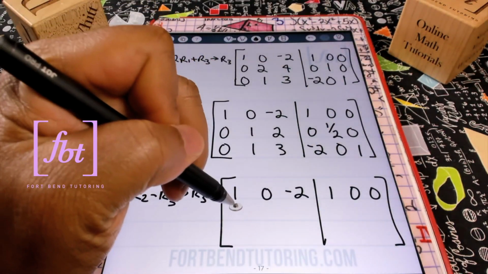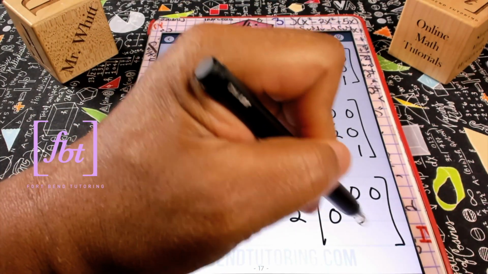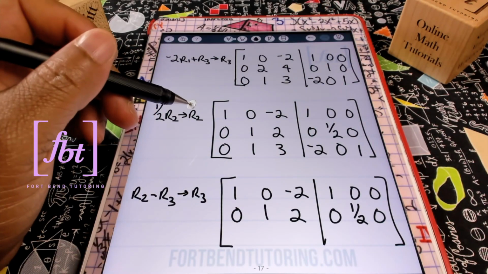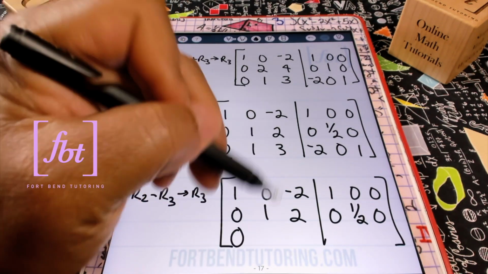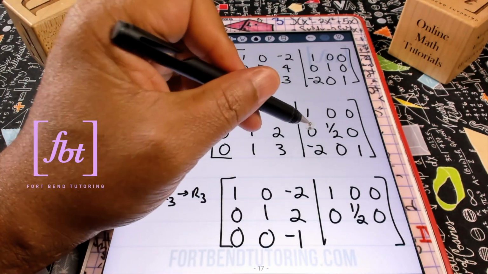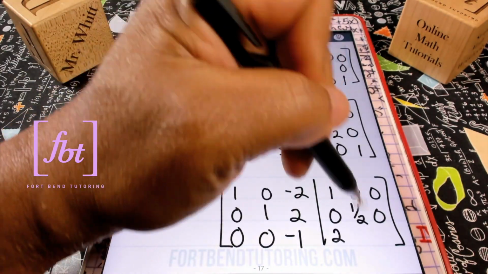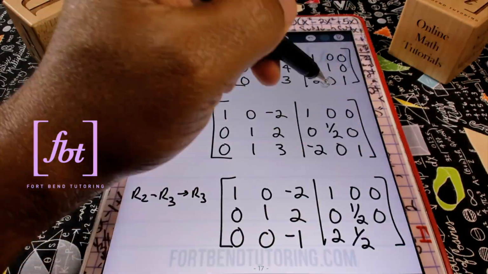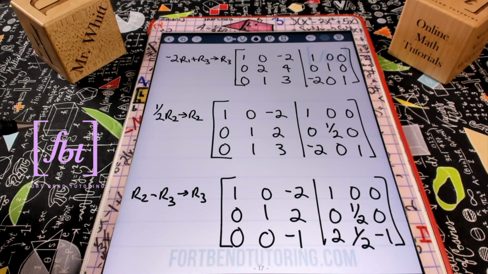You'll then have 0, 1, 2, 0, 1/2, 0. And then you'll subtract. 0 minus 0 is 0. 1 minus 1 is 0. 2 minus 3 is negative 1. 0 minus negative 2 is positive 2. And 1/2 minus 0 is 1/2. And 0 minus 1 is negative 1. That completes that row operation.